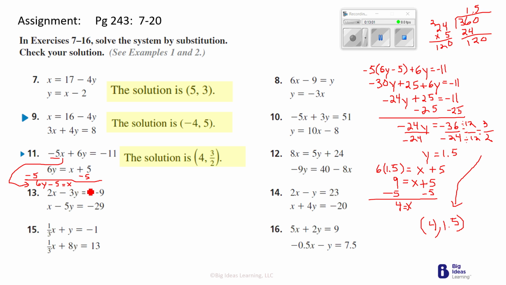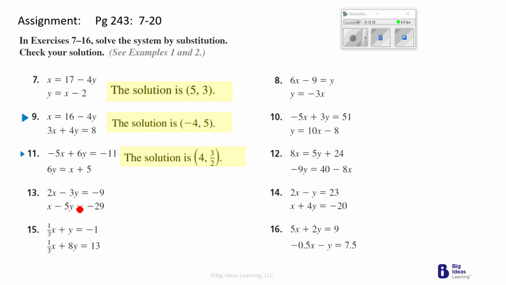All right, let's go ahead and go with number 13 next. So I'm going to erase all this. And number 13, well, once again, I could simply just add 5y to each side to isolate my x. Now x is going to equal 5y minus 29.